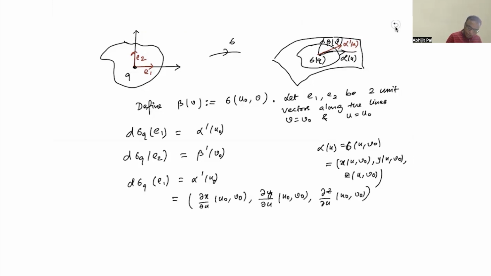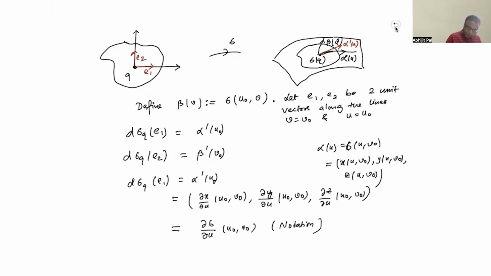In short, I will write this as del sigma del u evaluated at the point (u naught, v naught). This is my notation.